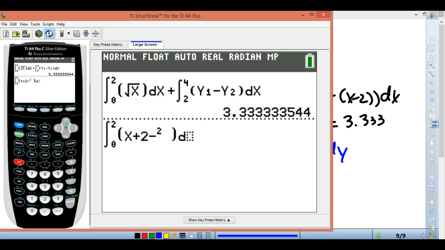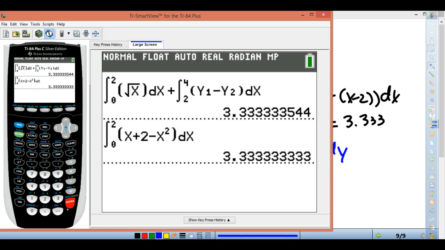Notice I'm not using my y1 and my y2 because those are different functions. Okay, so we end up getting the same area.